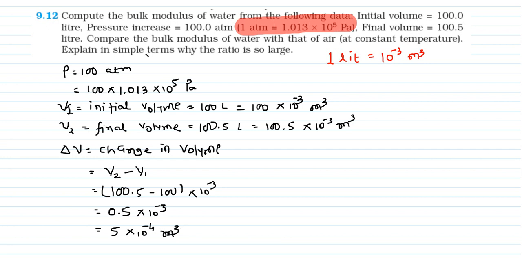Okay, that means here bulk modulus is given by P upon delta V upon V1, that is, the denominator becomes the numerator. What is the pressure? That is 1.013 into 10 raised to 7.